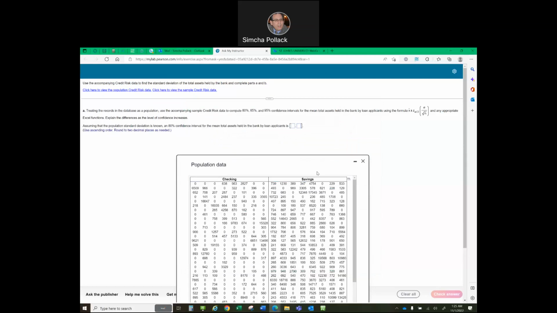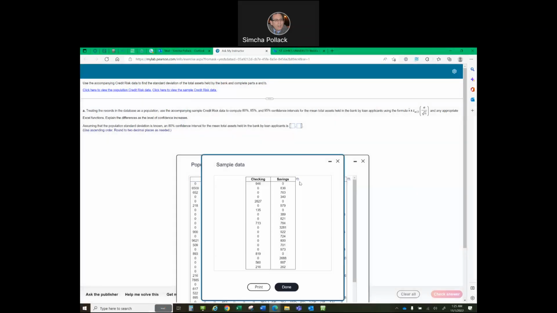Okay, now, so we want an 80% confidence interval based on the sample. Now here's the sample. Open in StatCrunch.